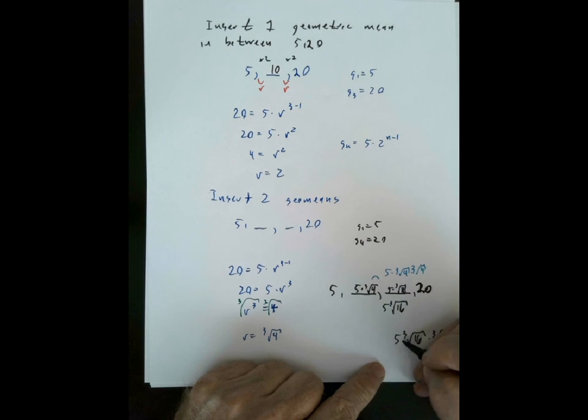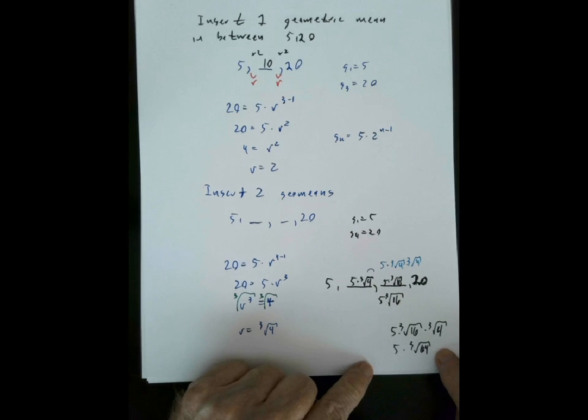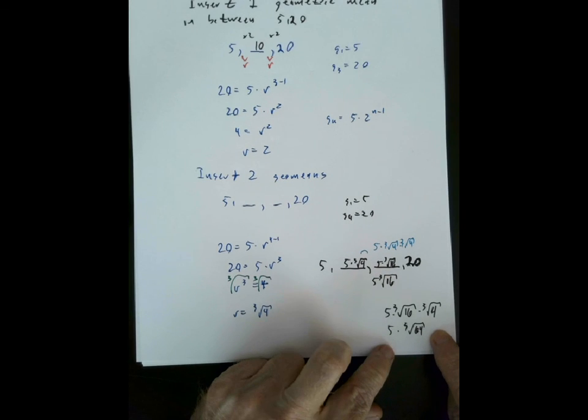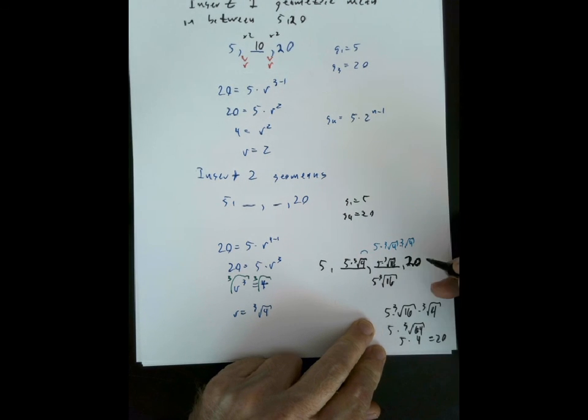Well, cube root of 16 times the cube root of 4, if we combine them, that's the cube root of 4 times 16, which is 64. Now we can simplify this. Cube root of 64 is 4, because 4 times 4 times 4 is 64. 5 times 4 is 20.